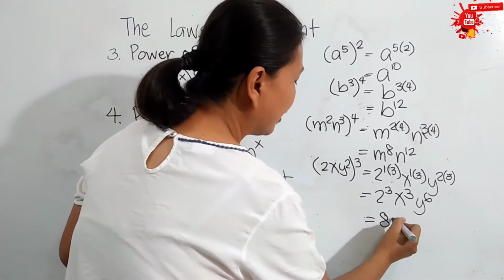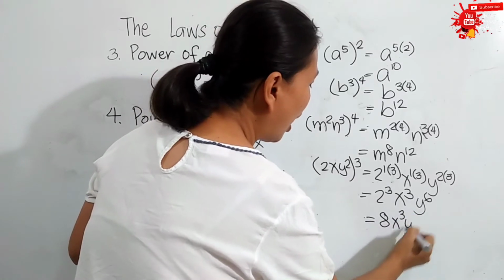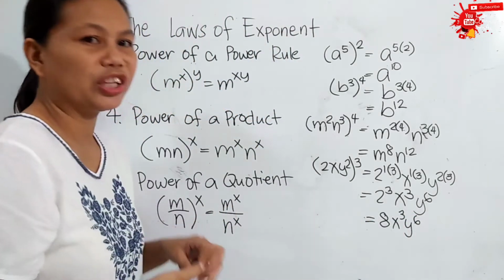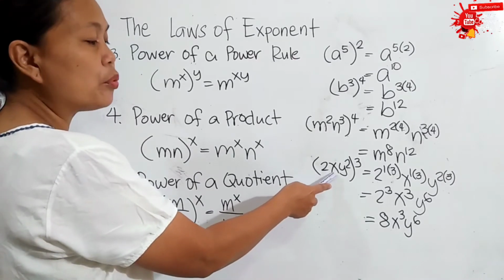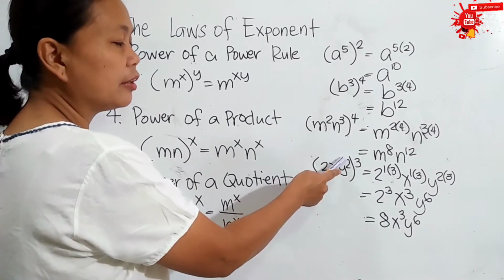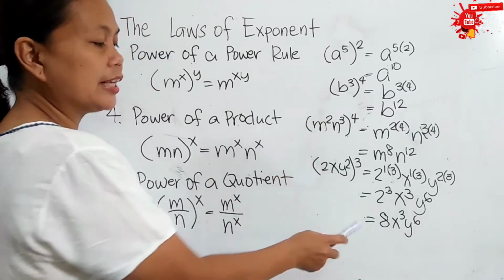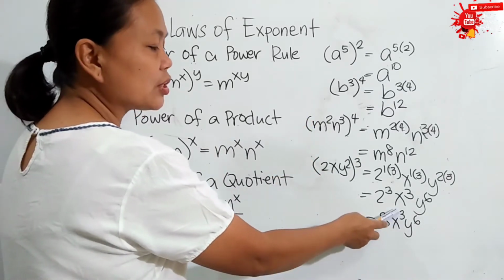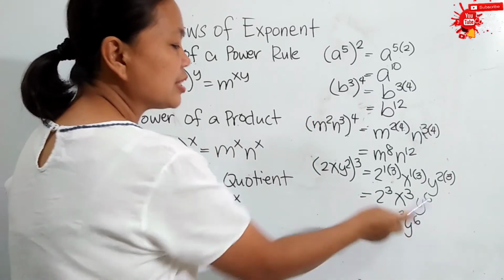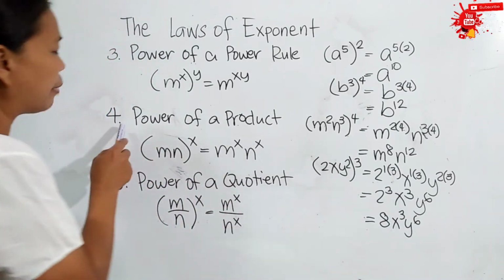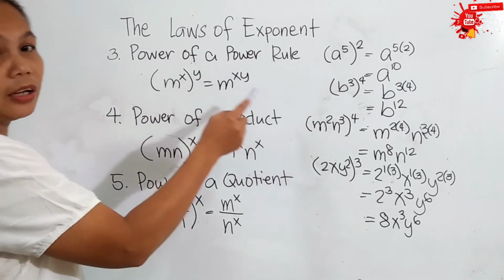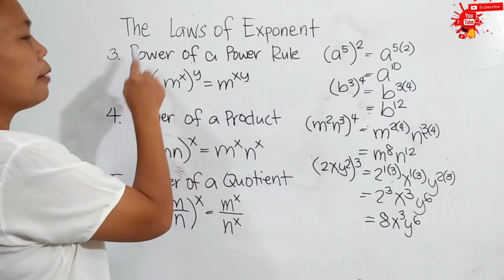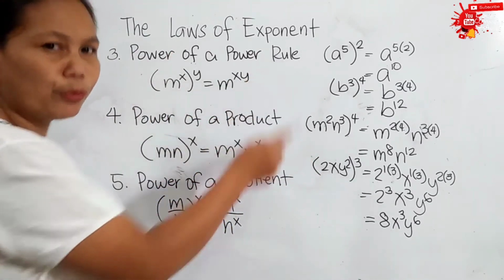So we have 8x cubed y raised to 6. So the simplified form of the quantity of 2x y squared raised to 3 is equal to 8x cubed y raised to 6, by applying the power of a product and joining with the power of a power rule.